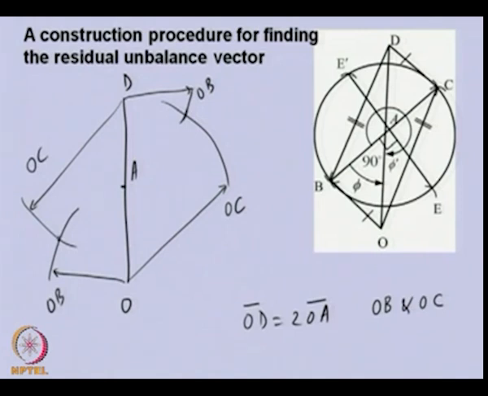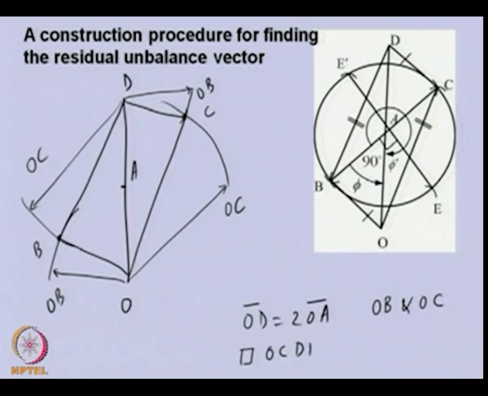We got these points, they will represent B and C. Basically we have obtained a parallelogram like this, a parallelogram O, C, D and B. So this side should be equal to this one, and this side will be equal to this one.